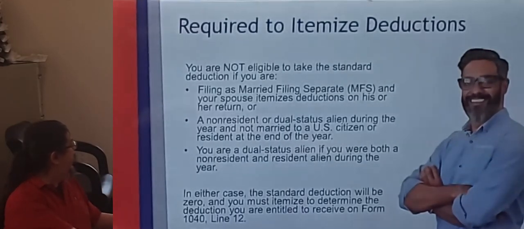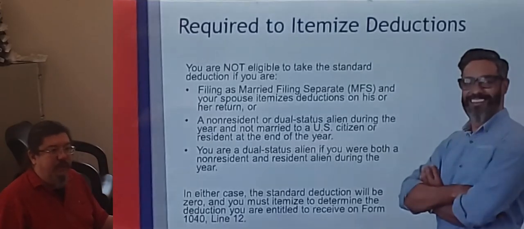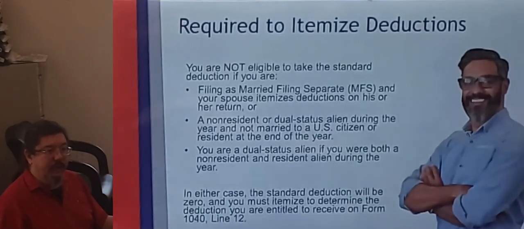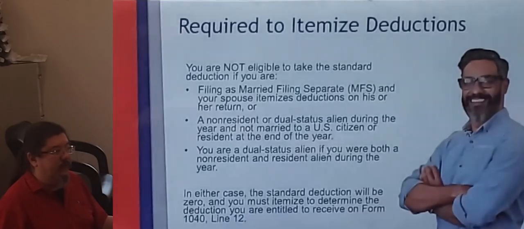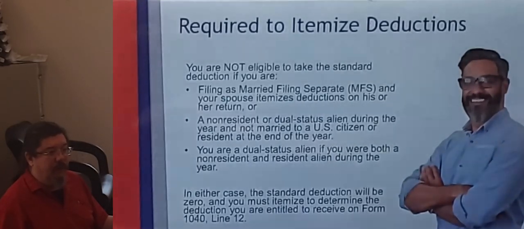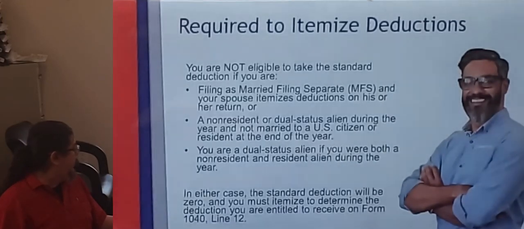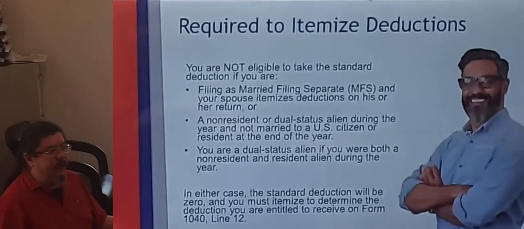And then you're also not allowed to take the standard deduction if you are a non-resident alien. A non-resident alien, in fact, doesn't file a 1040. It files a different form called a 1040NR. You might also be a dual status alien, where you're a non-resident part of the year and a resident for part of the year.